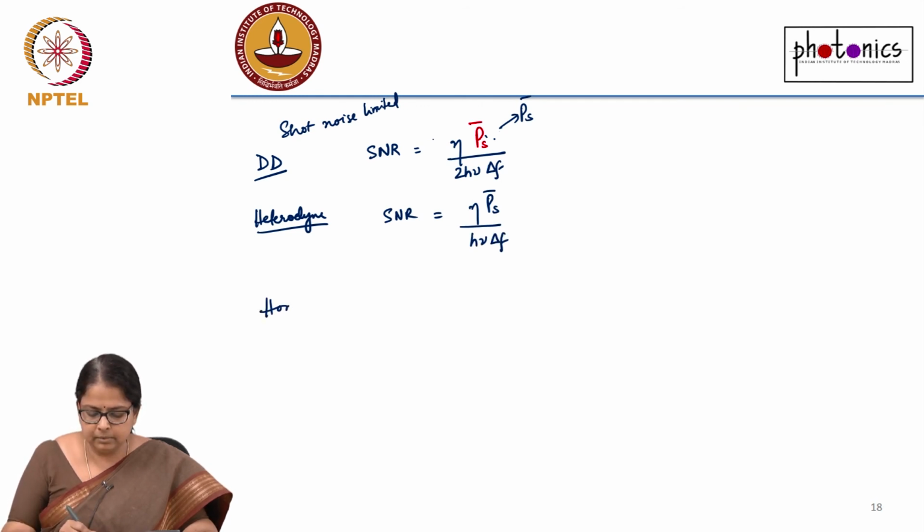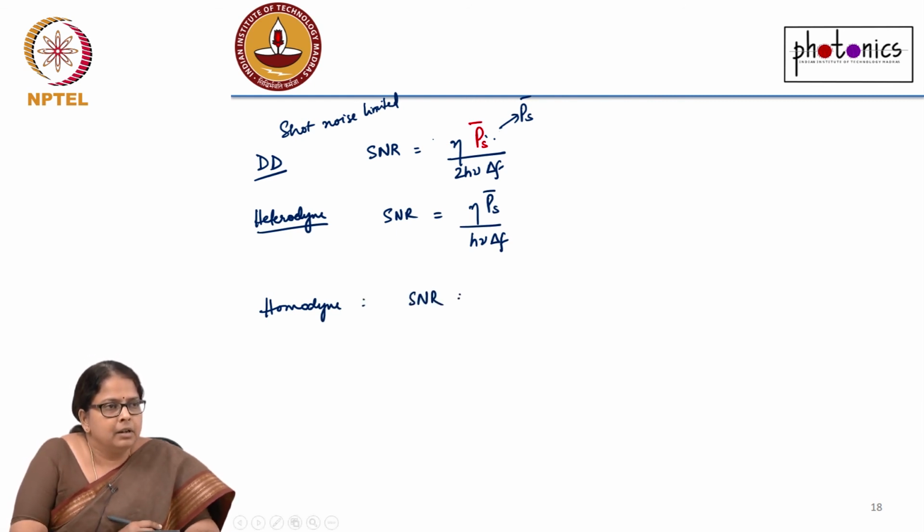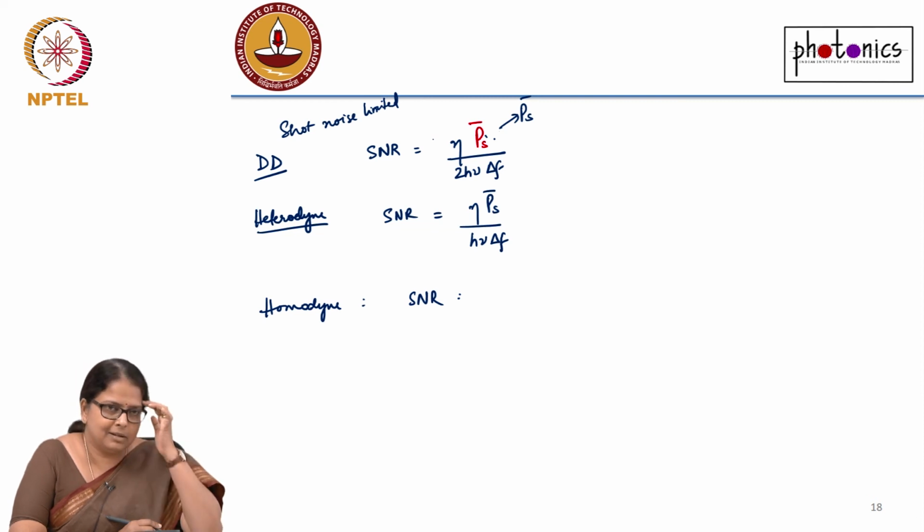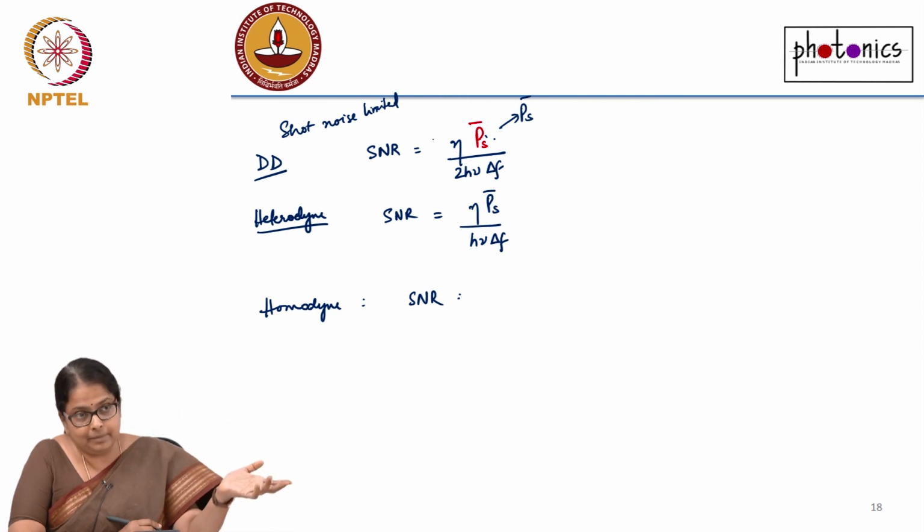Now, homodyne SNR will be, we just calculated the signal power is a factor twice, because we just said between homodyne and heterodyne, the signal power was half when compared to the homodyne. Noise power remains the same.